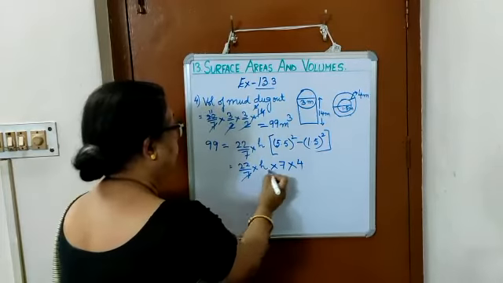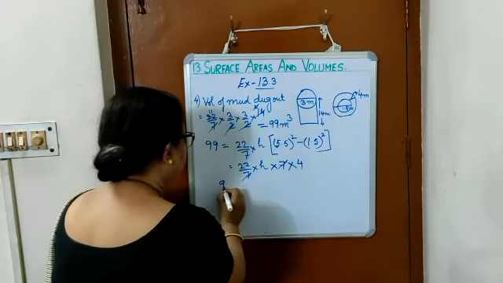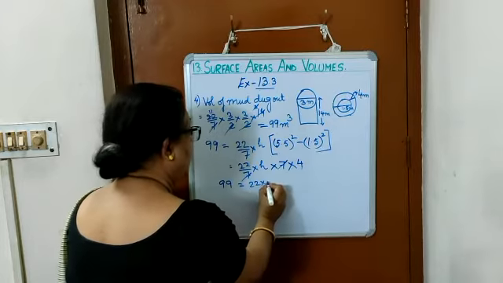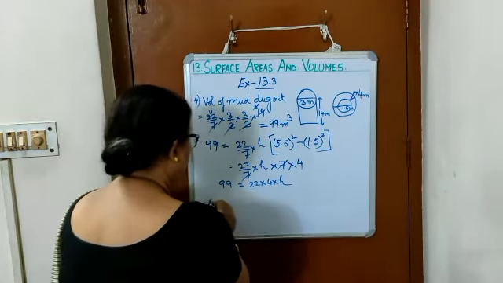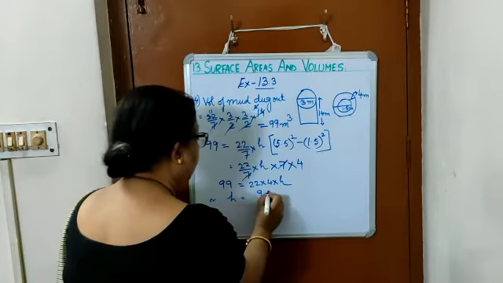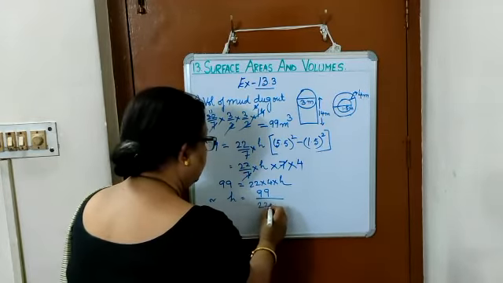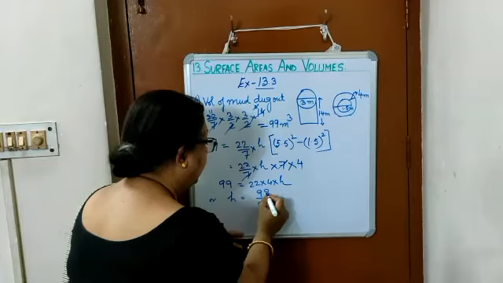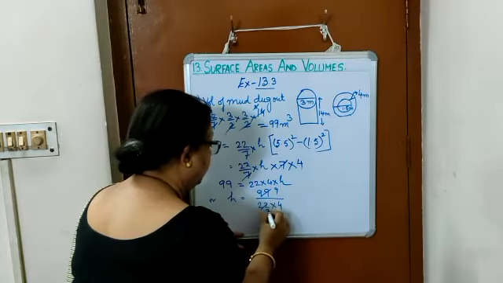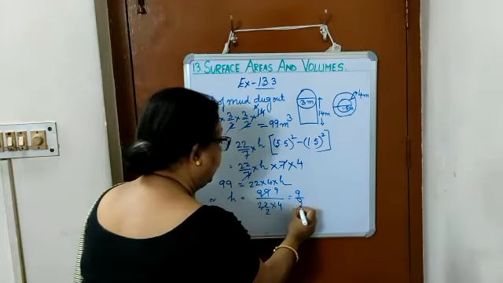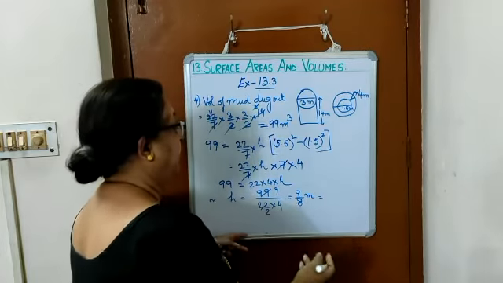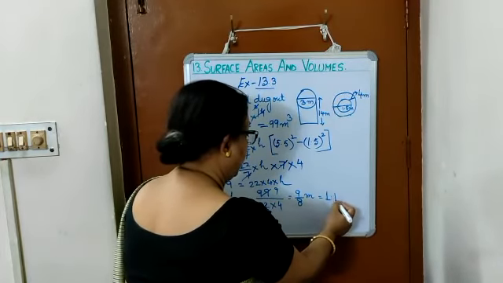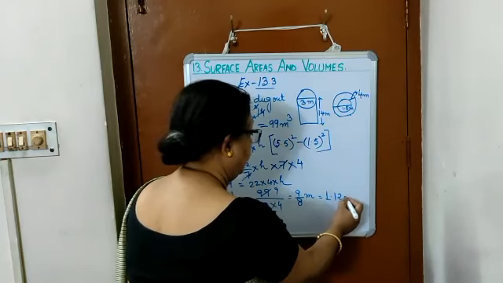We solve it, 7 cancels, so you have 99 is equal to 22 into 4 into h. So h will be equal to 99 by 22 into 4. You can cancel it by 11. You have 9 by 8 meters, or 9 by 8 you can divide it to get 1.125.